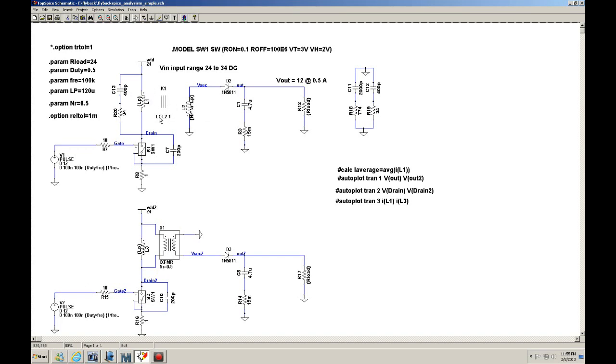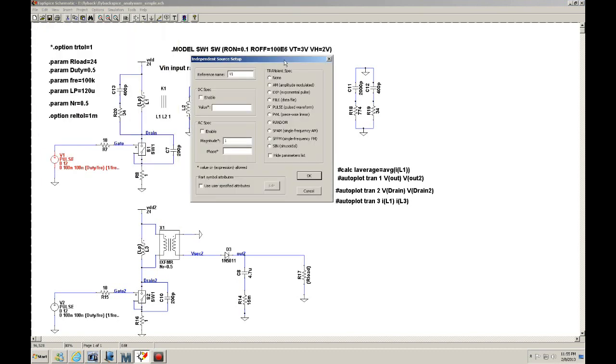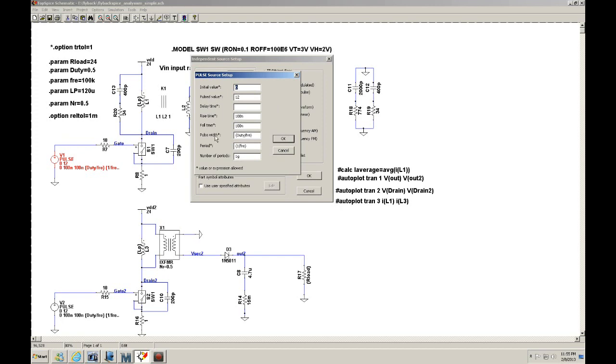My K is defined, L1, L2, and 1. And of course I have other parameters that help me set the pulse width and the period.